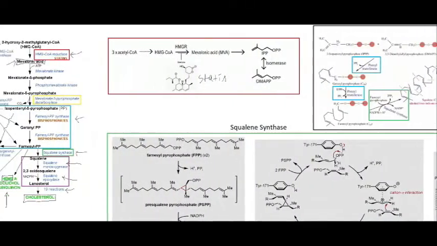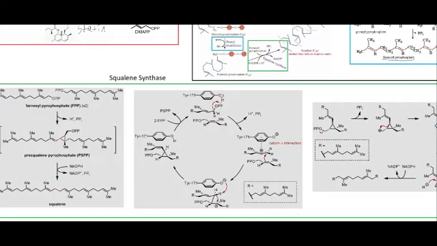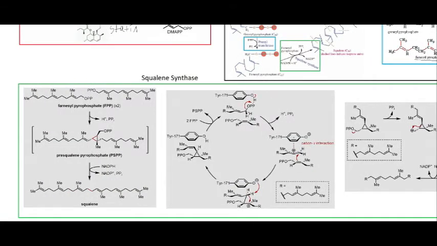The squalene synthase is a 2-step reaction, but it's all happening in the same enzyme. We go from these 2 farnesyl pyrophosphates, which we generated from our prenyl transferase steps here, and this forms what's called an epoxide. Well, actually, that's not an epoxide, is it?